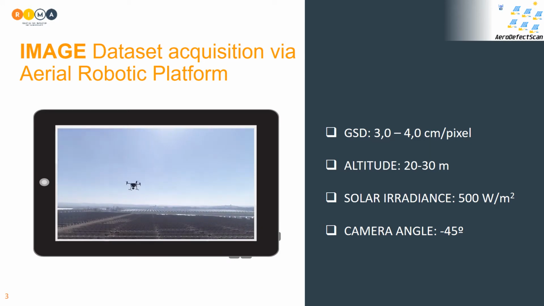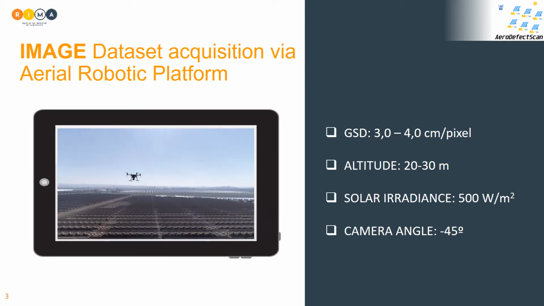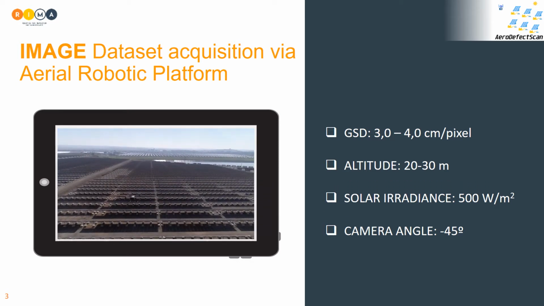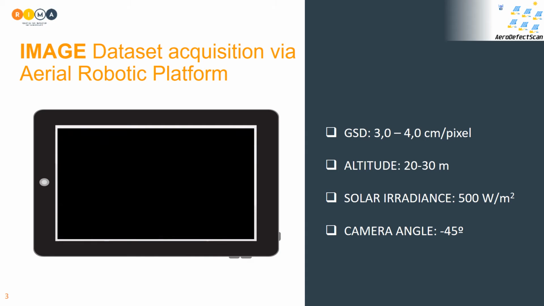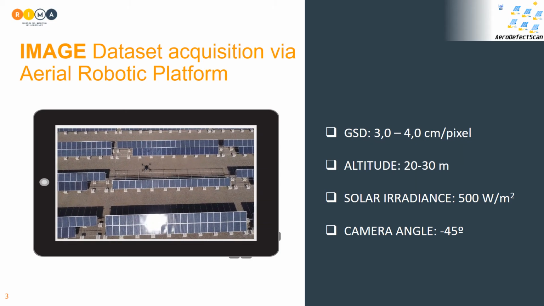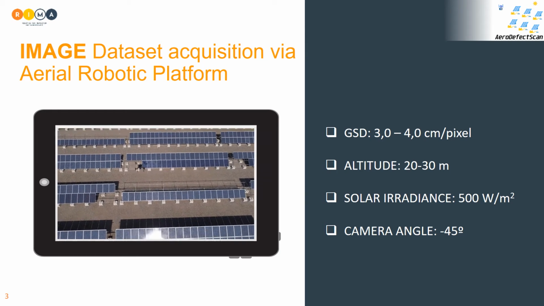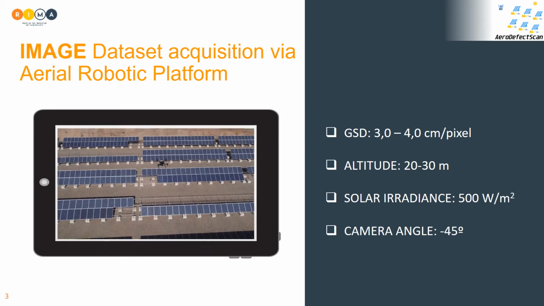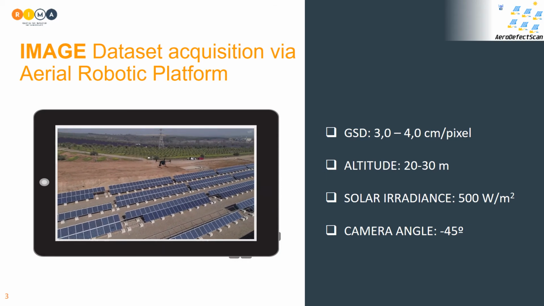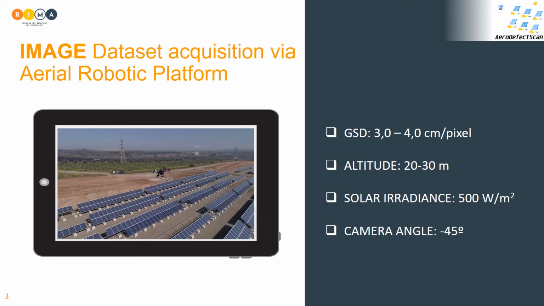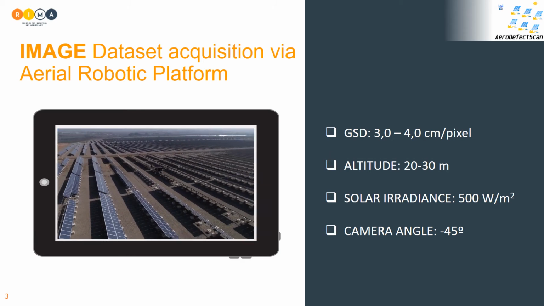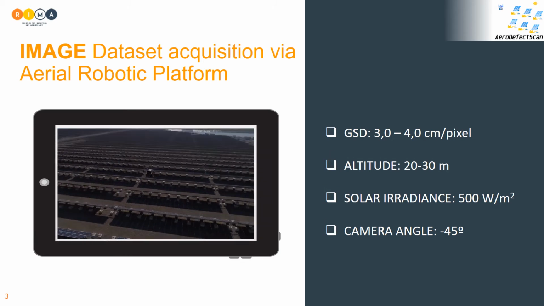The flights have been carried out with a GSD between 3-4 cm per pixel, altitude between 20 and 30 meters, and a camera angle of -45 degrees in order to avoid sun glare. The flight days have been selected to have a solar radiation around 500 watts per square meter, regardless of the variable weather condition.